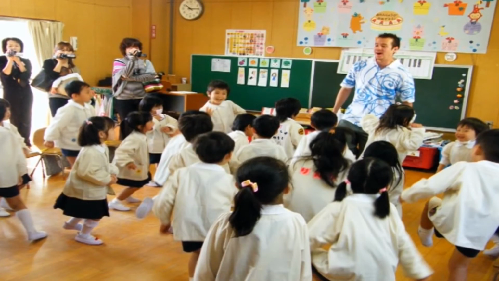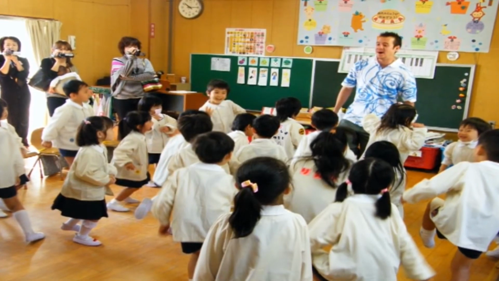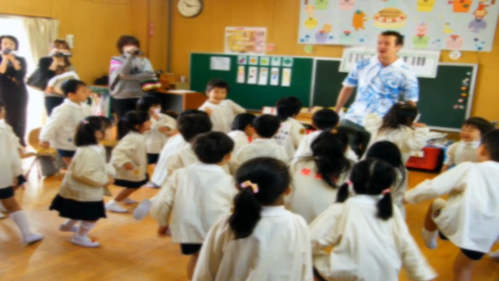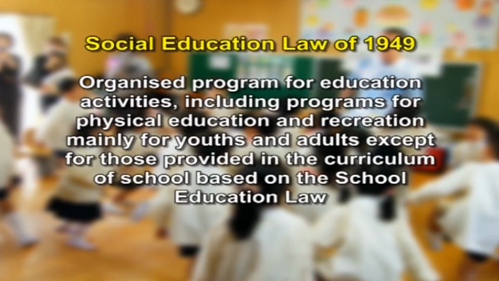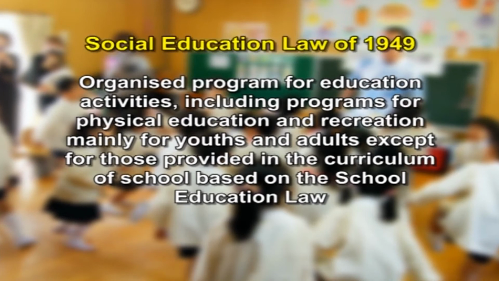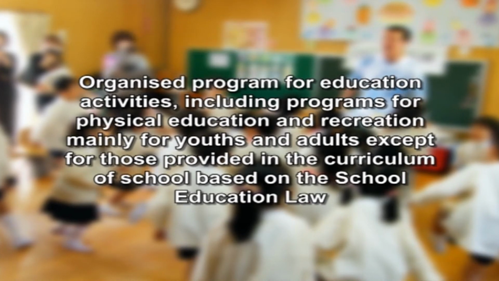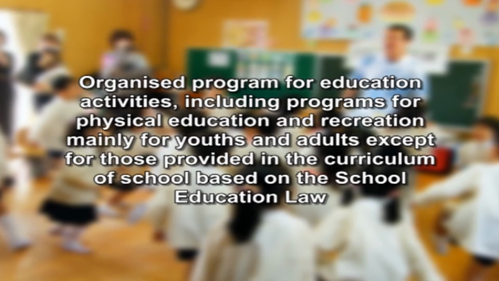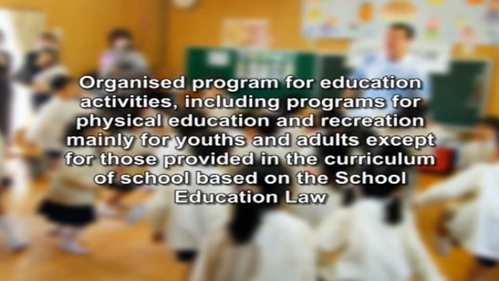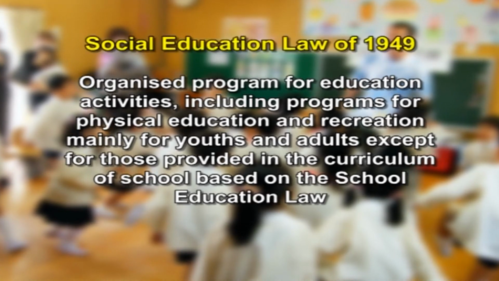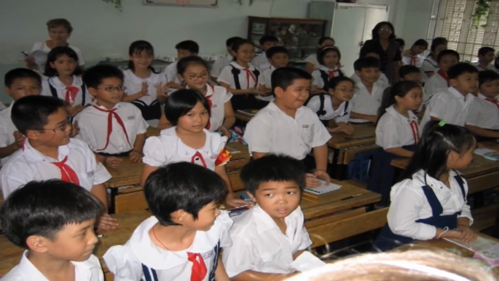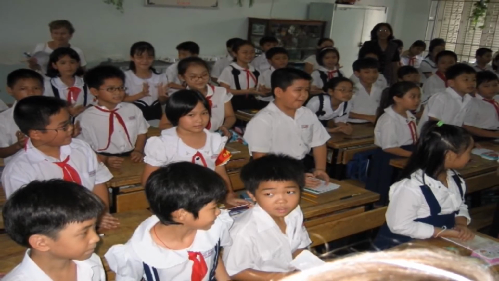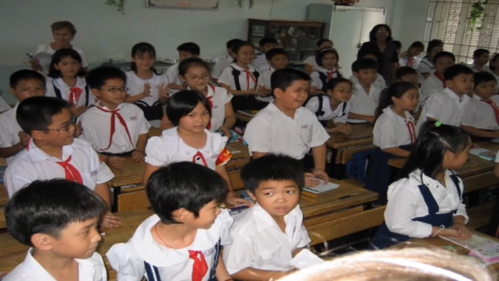The Social Education Law of the year 1949 defined it as organized programs for educational activities, including programs for physical education and recreation, mainly for youths and adults, except for those provided in the curriculum of schools based on the School Education Law. The social education in Japan has 5 specified characteristics.